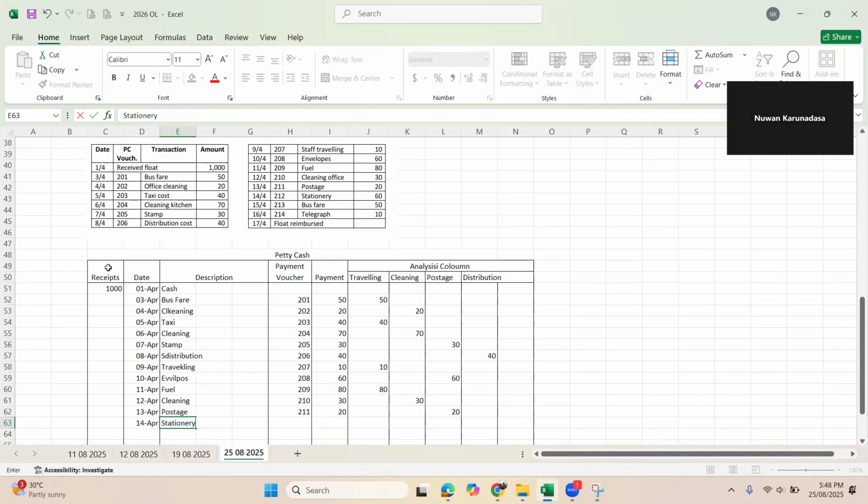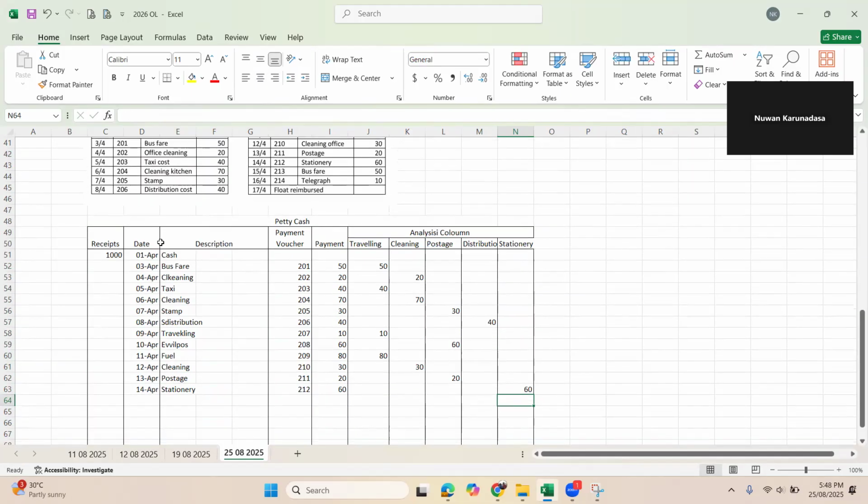Then 14th April, stationery, 212, 60 rupees. We'll have a column for stationery. We don't have a column for stationery, no? Stationery, here 60 rupees. Then 15th April, bus fare, 213, 50.